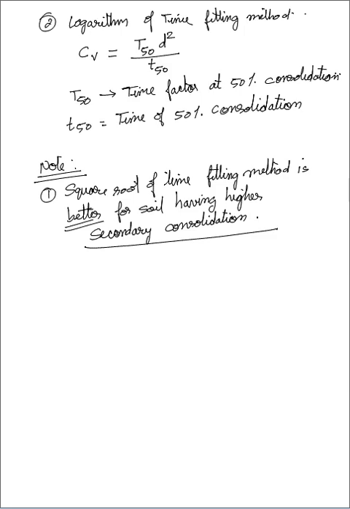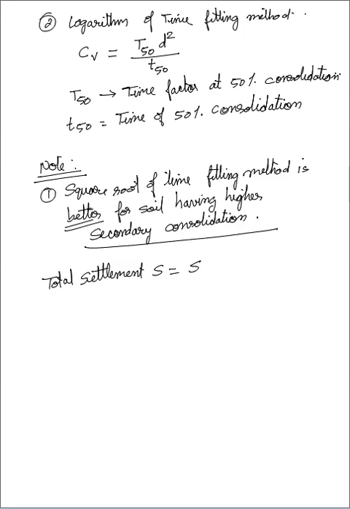So we can say there are two types of consolidation, one primary and another secondary. Many times they ask regarding total settlement. Total settlement will be the sum total of primary and secondary. In fact, there is one more settlement, that is initial settlement.